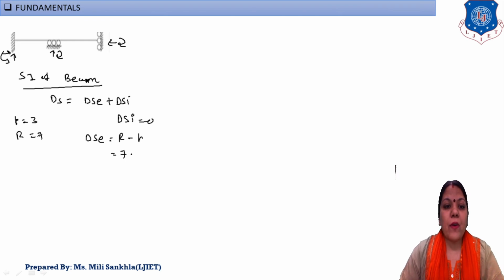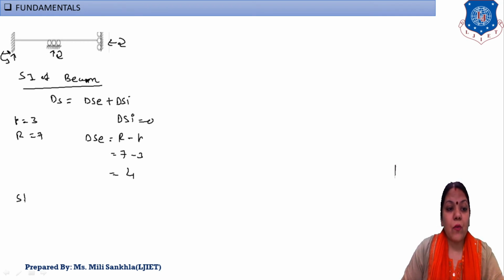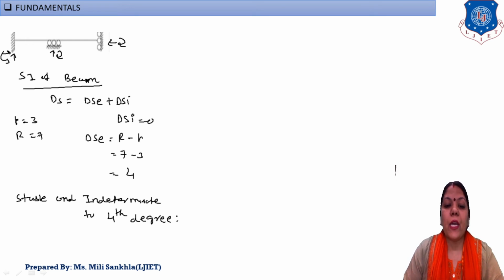Now 7 minus 3 is equal to 4. Answer is again positive. What is our statement? Statement is: given beam is stable and indeterminate to 4th degree.